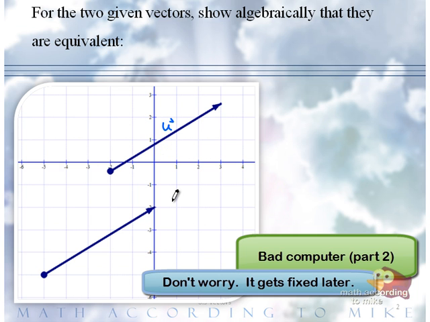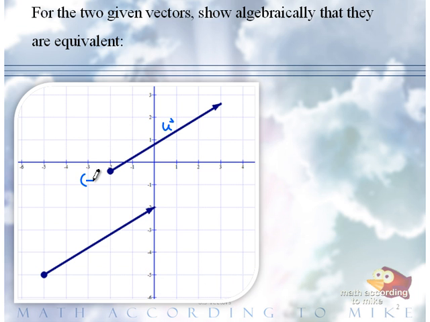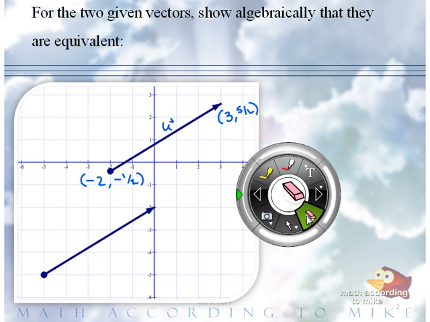This initial point is -2, -1/2. And this one is 3, comma, well, if I did a fraction there, I'll do a fraction here. 5/2.